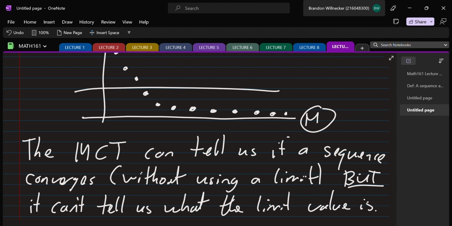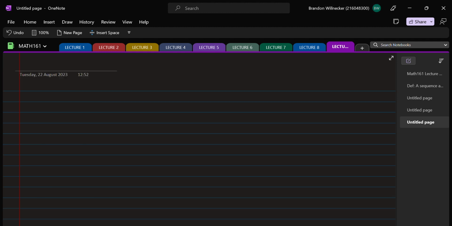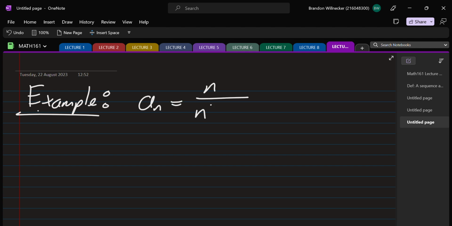Okay, so let's have an example of using this theorem. We have an equals n over n squared plus 1. We could use a limit, and we know how to do that, but here we're going to use the monotone convergence theorem.